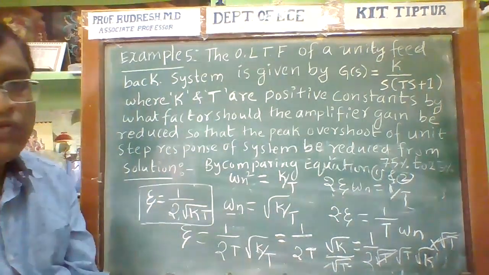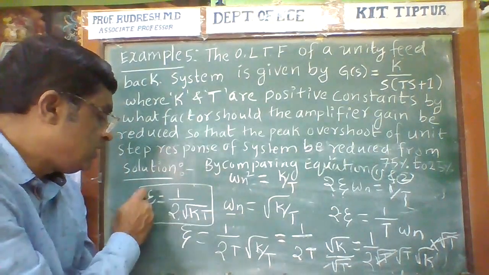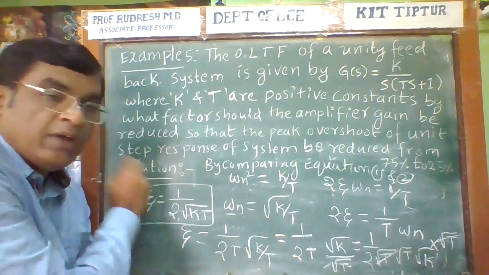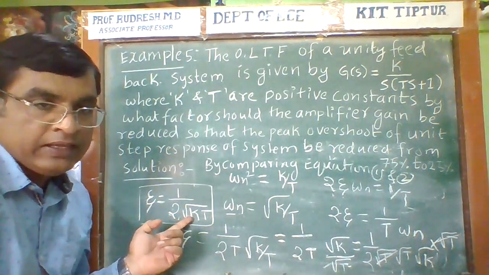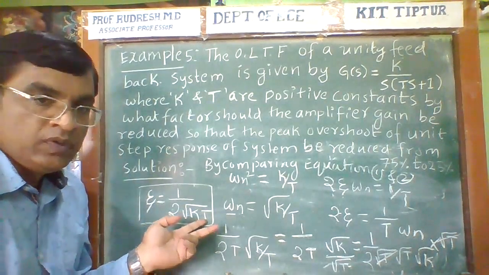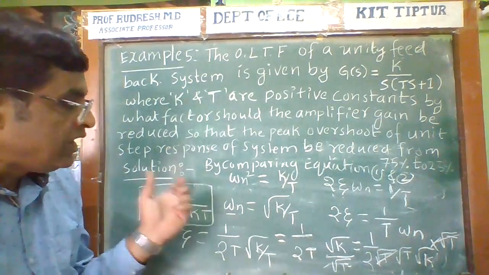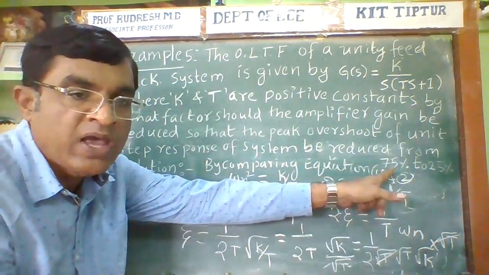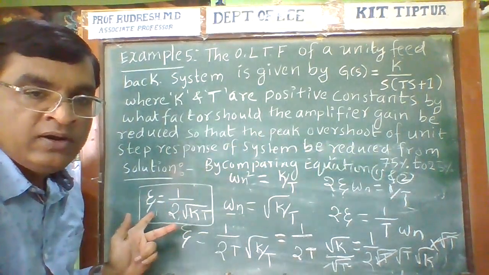We have calculated. If I compare the two equations, then we go for calculating the damping ratio. But if I know the damping value, then we can easily calculate K in terms of T. That is why we need to calculate the damping ratio. The damping ratio can usually be calculated if I know the maximum peak overshoot value.